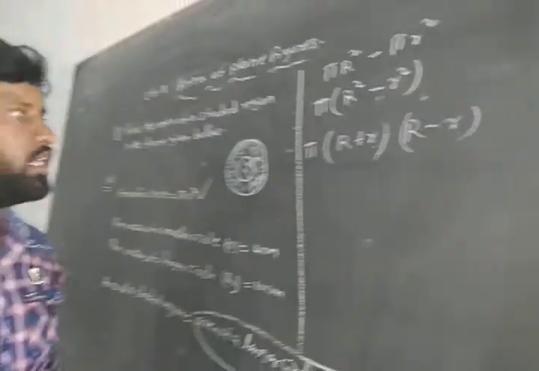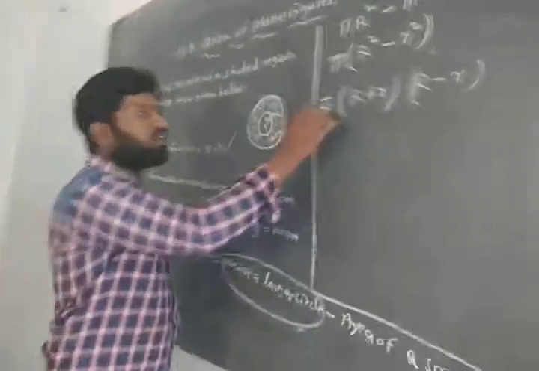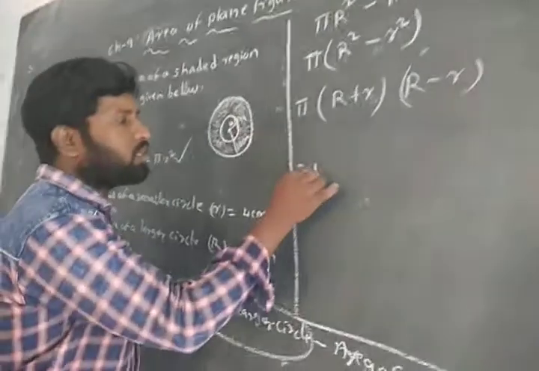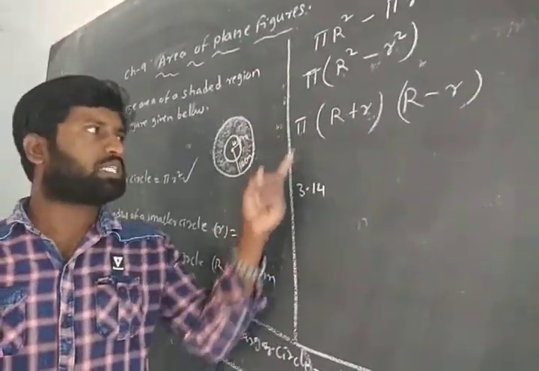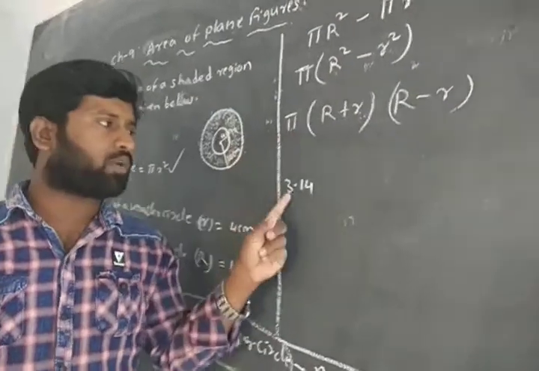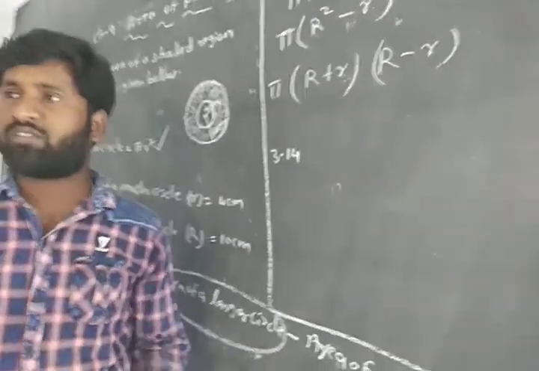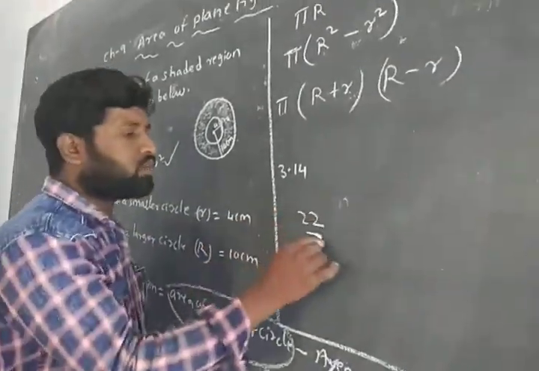In the problem, the value of pi is given as 3.14. We know the approximate decimal value of pi is 3.14 and the fractional value is 22/7.